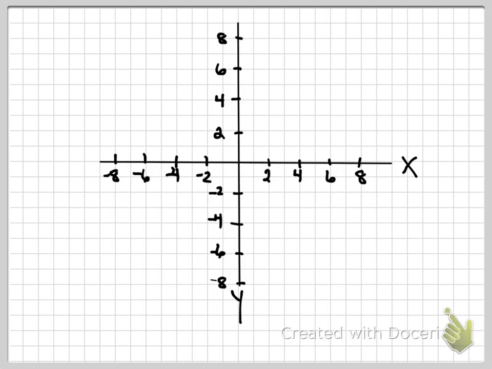All right, now that you've labeled, we're going to take our ordered pairs from the table.